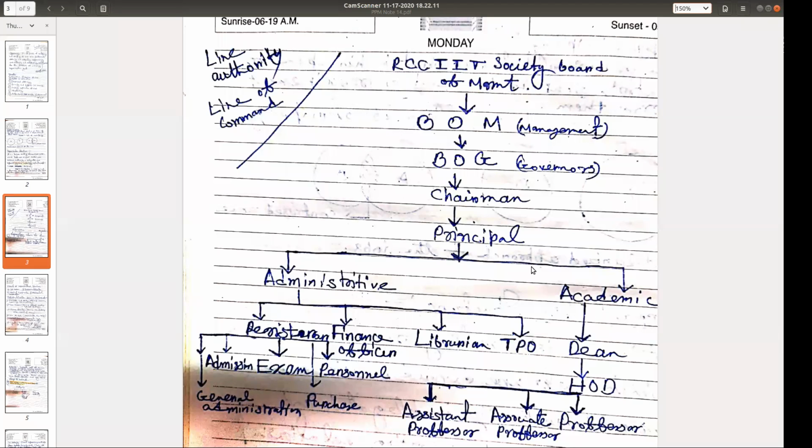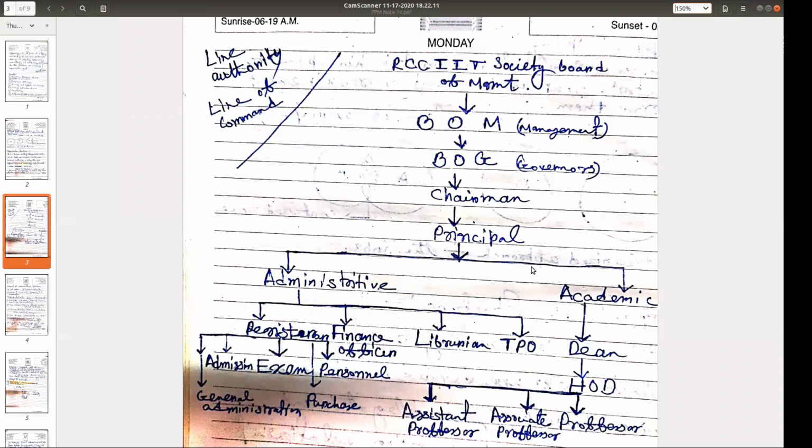In the same way, in the administrative section, there may be a registrar. Every institute, every educational institute, like colleges and universities, has a registrar. The registrar is not directly linked with the academic section. They are linked with the administrative section. Then maybe a finance officer, a librarian, a training placement officer.